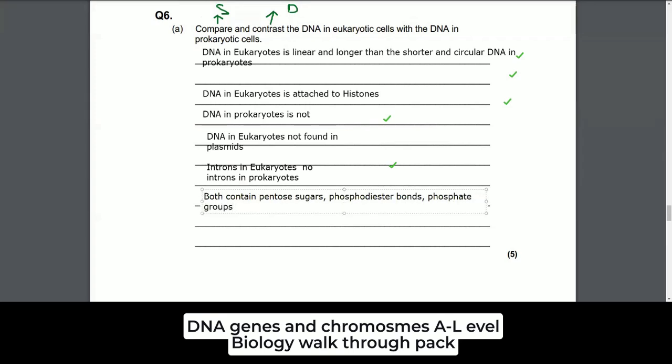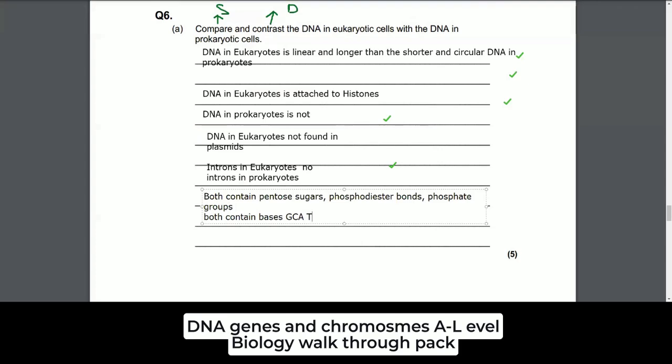Phosphate groups. What else can we say? Both contain the bases GC and A. GCAT, sorry. So both contain the bases G, C, A and T.